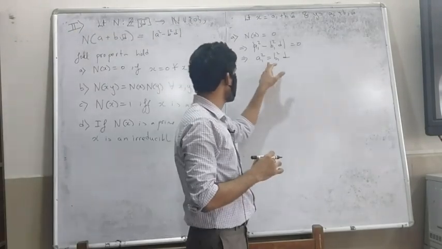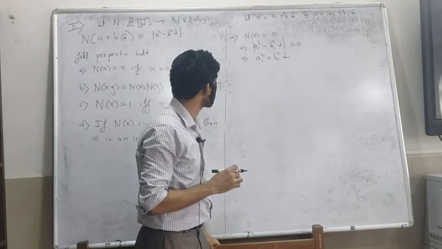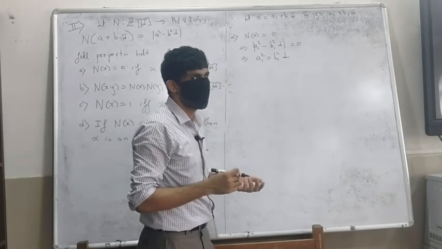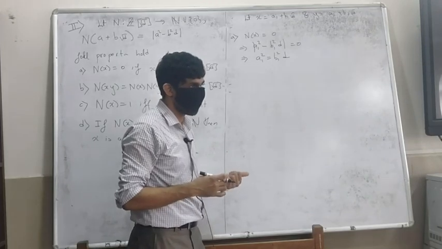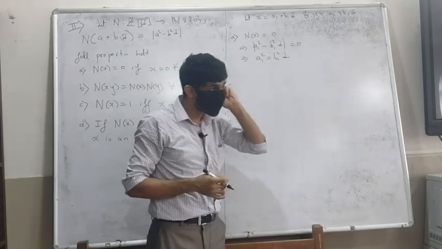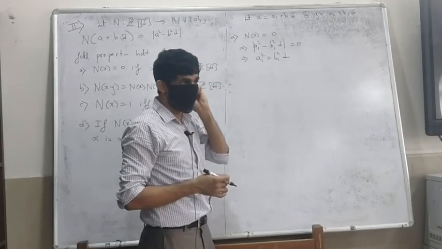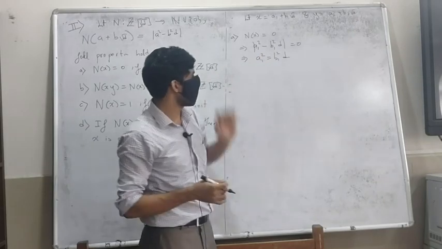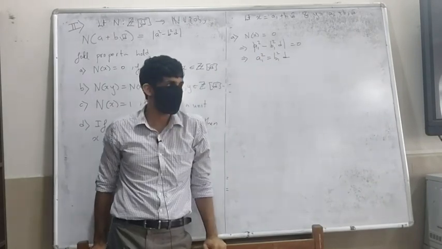What do we want to show? x is 0. It would be nice to show that a1 is 0 and b1 is 0, right? So if I show that a1 and b1 are 0, then x will be 0. Can I from here say that a1 and b1 are 0?